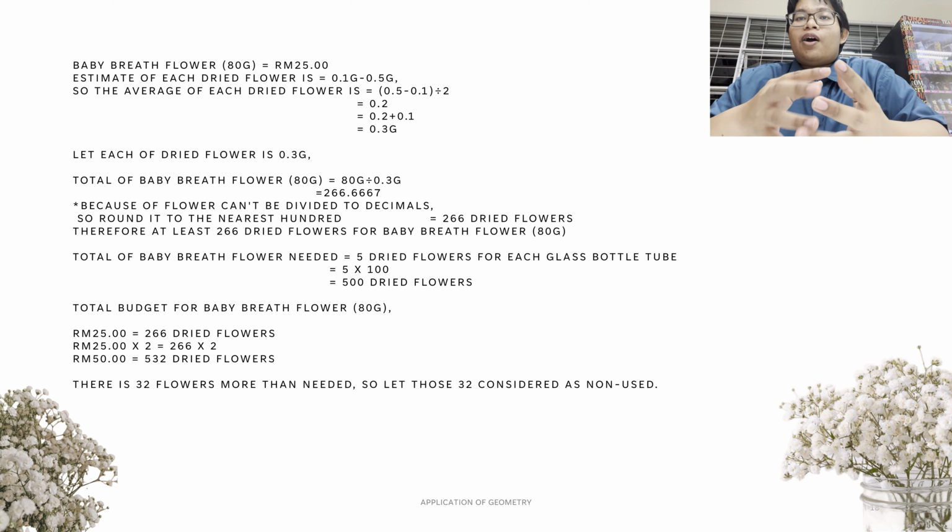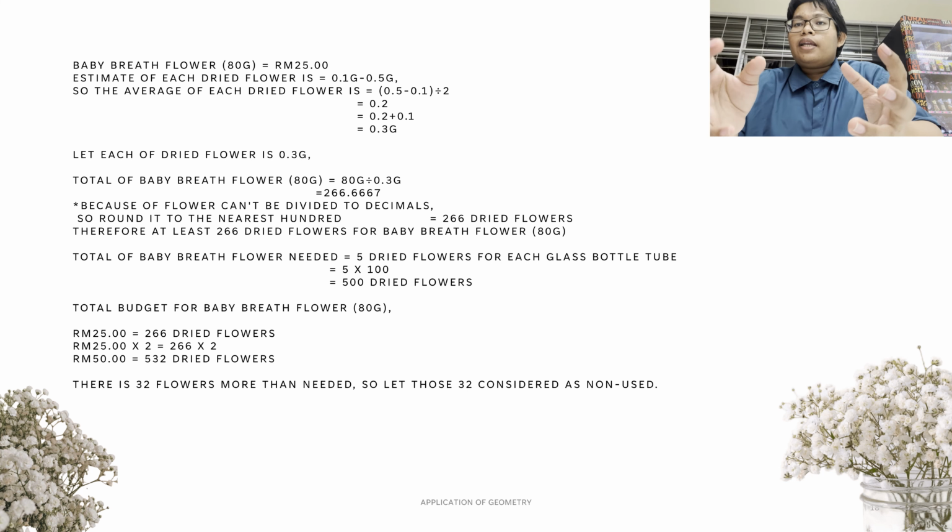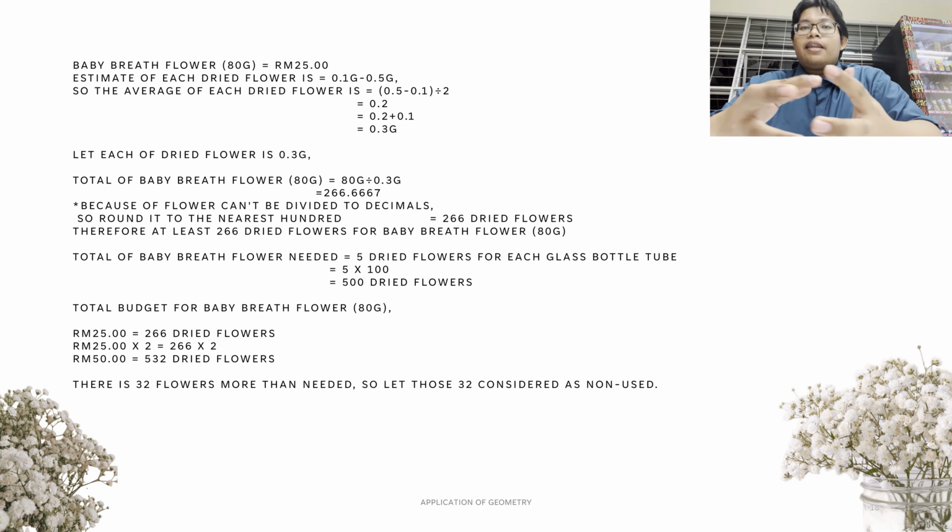Total of baby brave flour is 80 gram divided by 0.3 gram, and you get 266.6667. Because flour cannot be divided into decimals, round it down to the nearest whole number. So you get 266 dried flours. Therefore, at least 266 dried flours for baby brave flour.